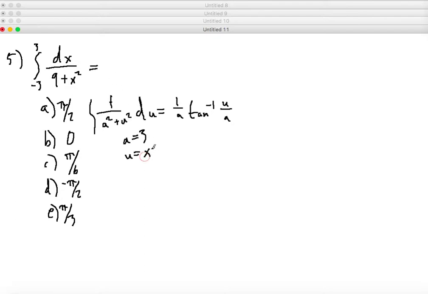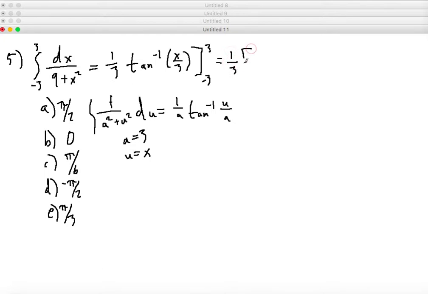So this is going to give us 1 over 3 times the inverse tangent of x over 3. And then we're going for the definite integral from negative 3 to 3, which I think is convenient enough.